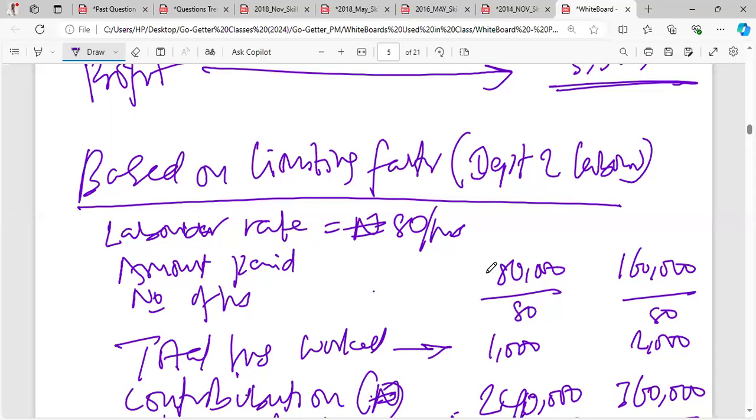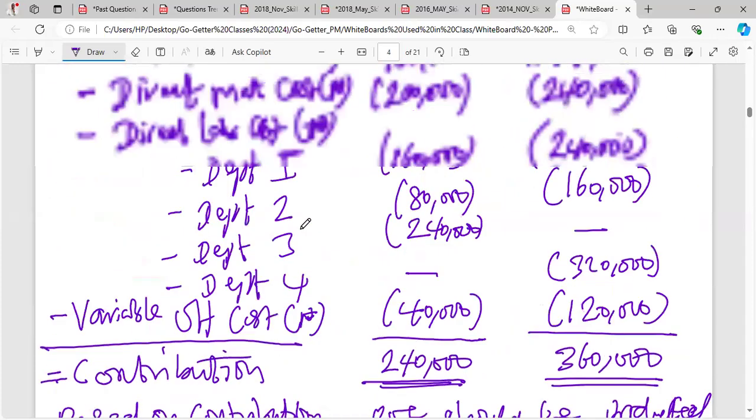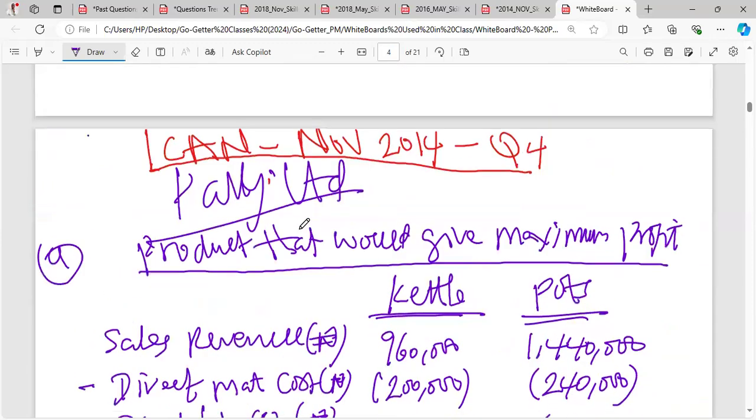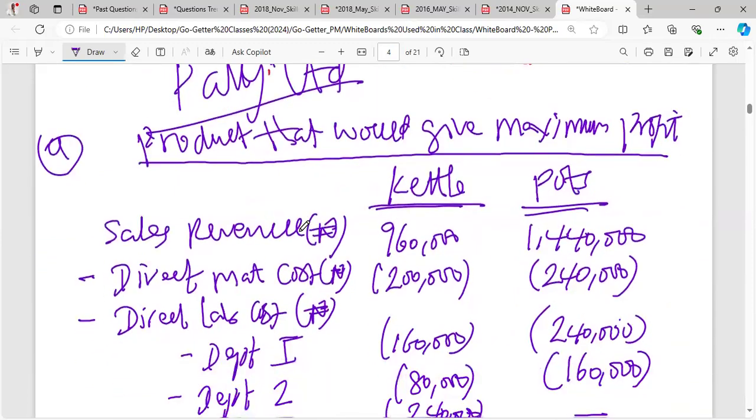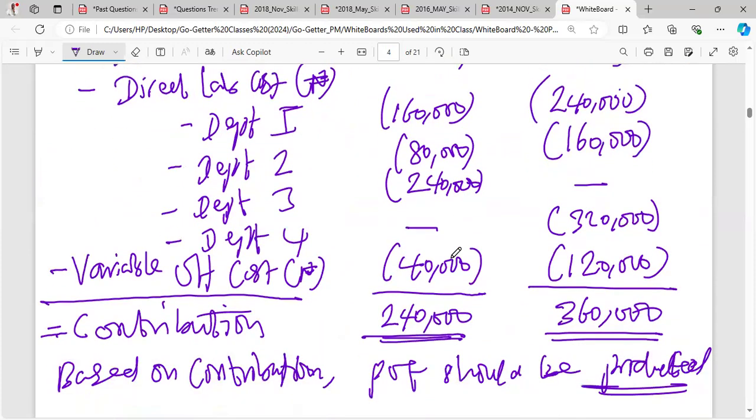The first time we did, based on contribution, they asked which one of them will be profitable. We said based on just contribution, pots will be profitable, and so we'll go ahead and make pots.